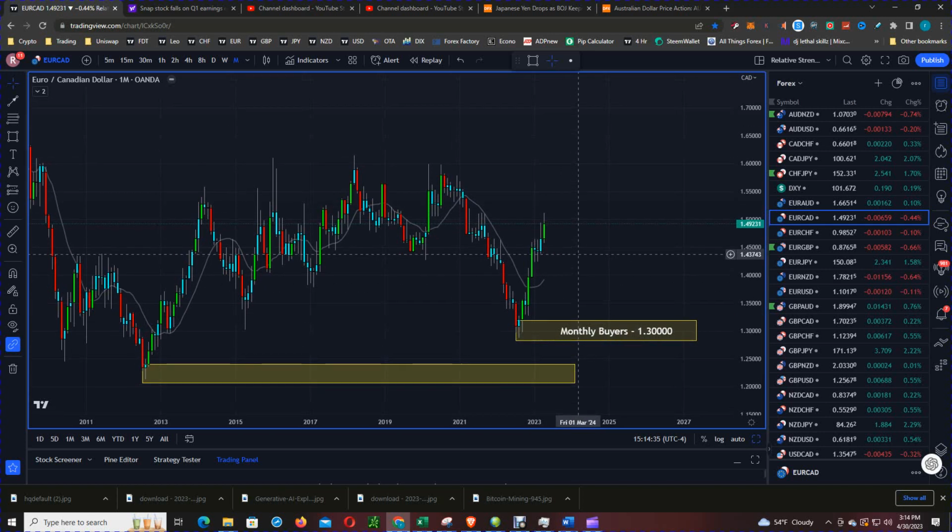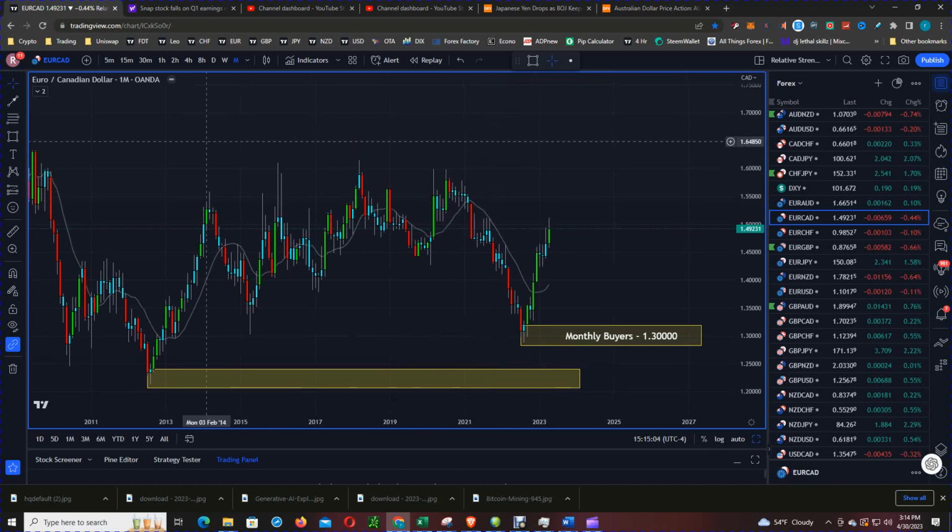All right, and then we look at the suppliers, sellers. Look at current price. Go to the left, you go up, and we're going to pick the rally. All right, this is a big zone, but we're going to pick it nevertheless.